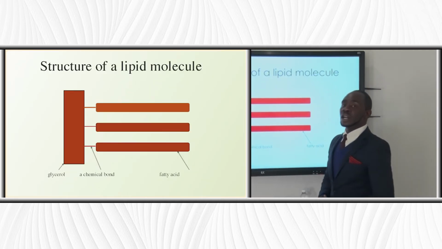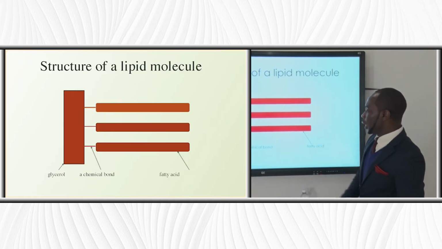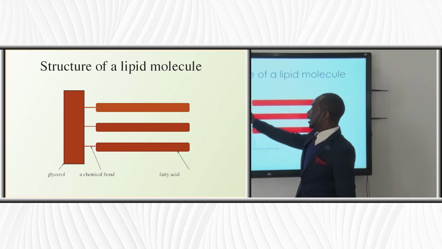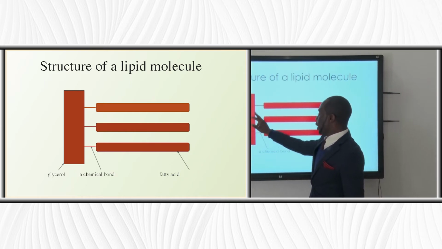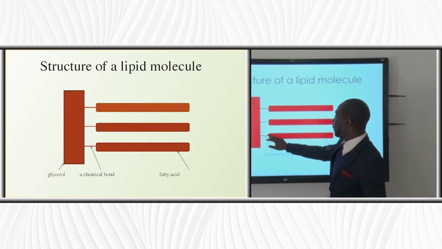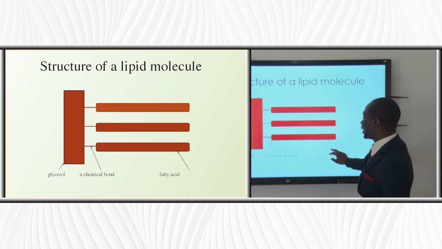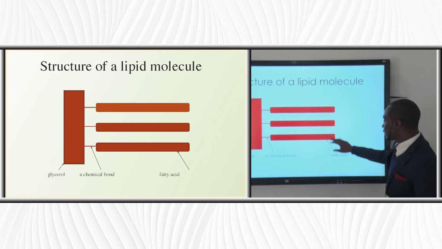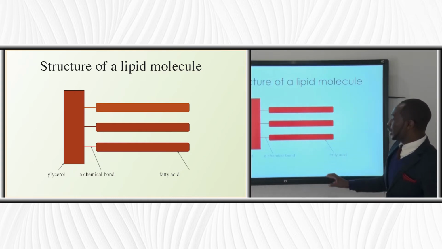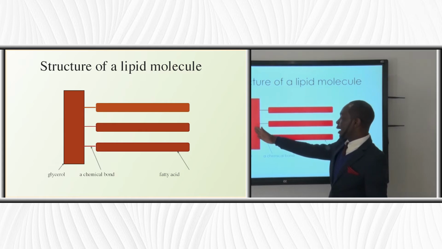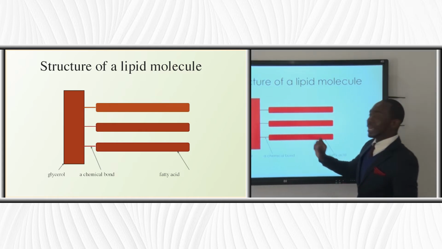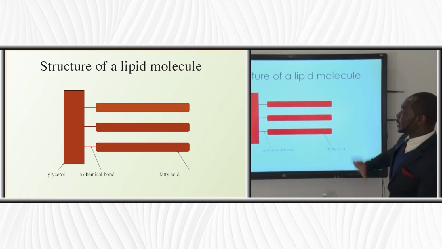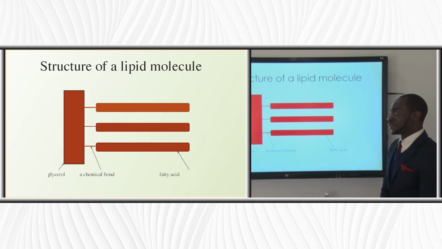This is the structure of a lipid molecule. Here we have a glycerol molecule, which has chemical bonds bonding to the fatty acids. These 3 are fatty acids which are bonded to a glycerol molecule to make a lipid molecule, which is a triglyceride.